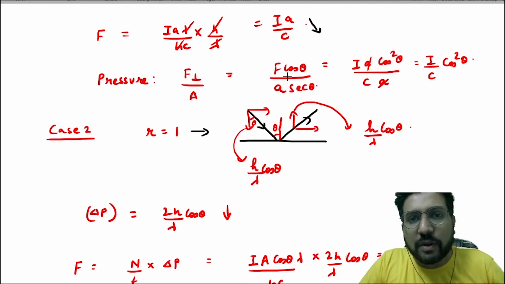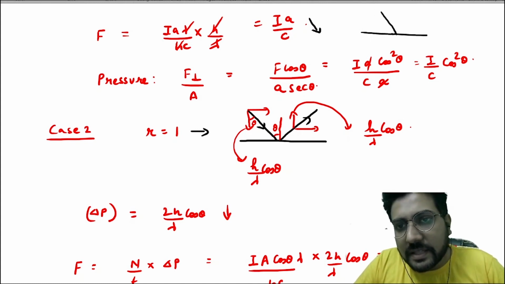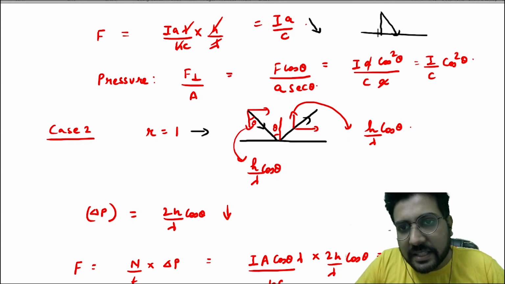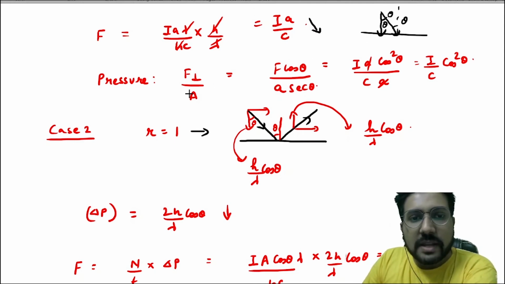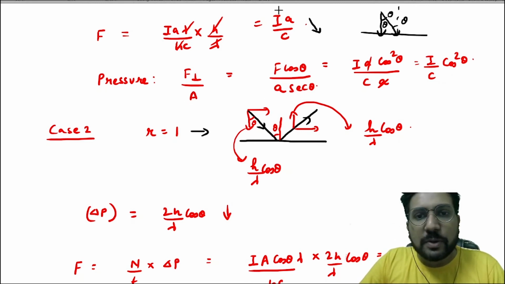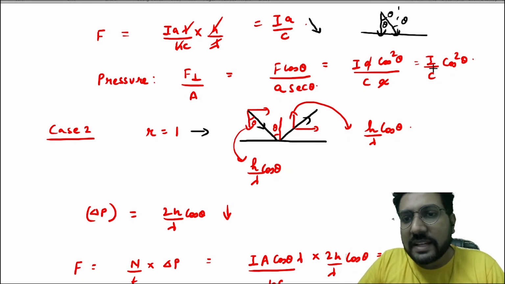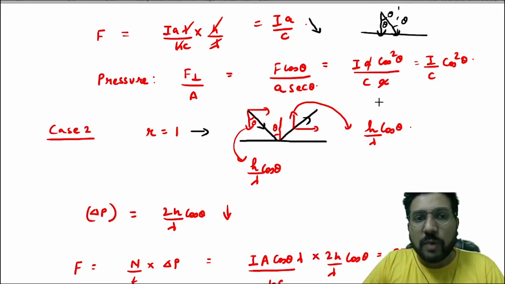So I'll write F cos theta, because this is the direction of the force and I need this component, and this angle is theta, that means this angle is also theta. So F cos theta divided by the area of the surface, which is A sec theta. So if you put the value of F, you will get pressure is equal to I by c cos square theta. That means what?